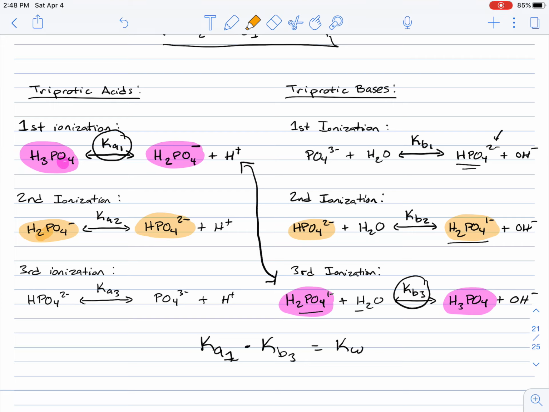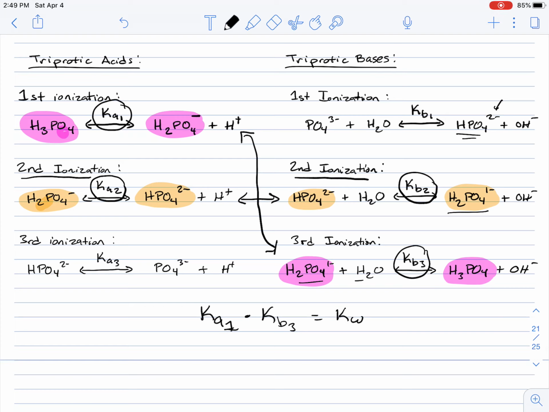So in this scenario, the second ionization of the triprotic acid and the second ionization of the triprotic base are related to each other. We can conclude that Ka2 is related to Kb2. So we're going to write that down: Ka2 times Kb2 is equal to Kw.